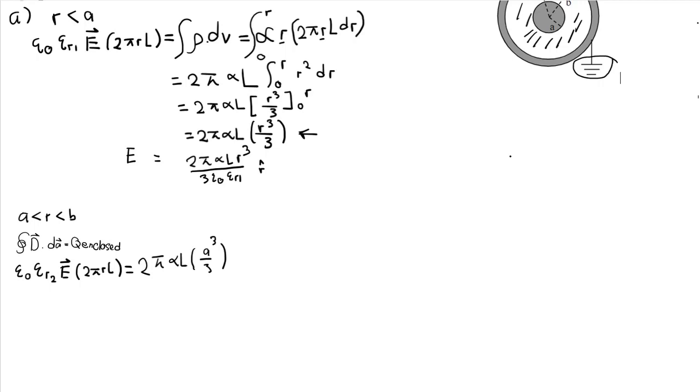And since the question did say that it is a uniform charge density of rho naught, we can just skip the integration and sub in the values immediately.